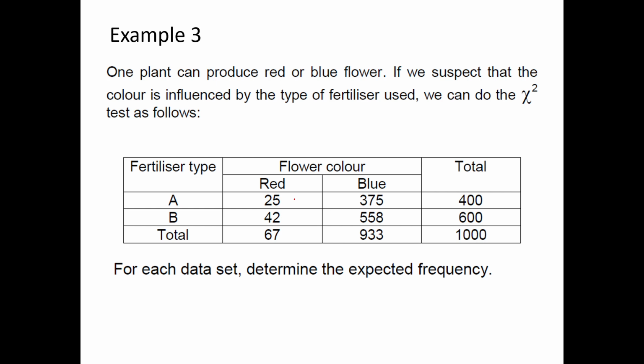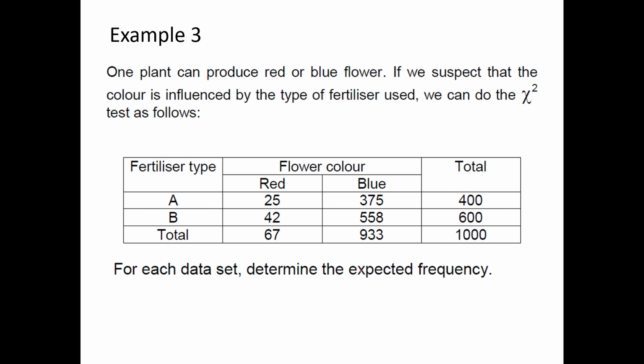It's the most appropriate test to be used. And how do you know that this is the dependency test? Because it's asking you about the influence of the type of fertilizer on the color of flower being produced. So therefore, it is the dependency test using chi-square. So for each data set, determine the expected frequency.